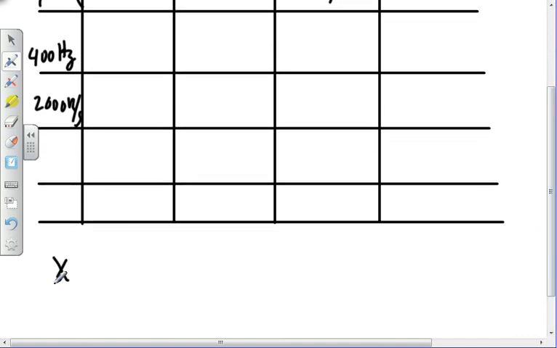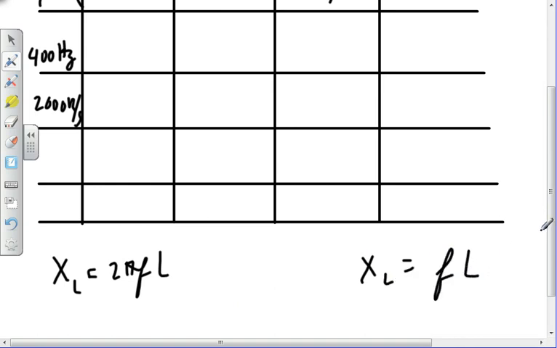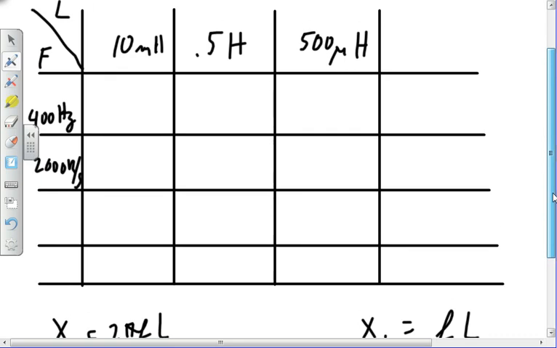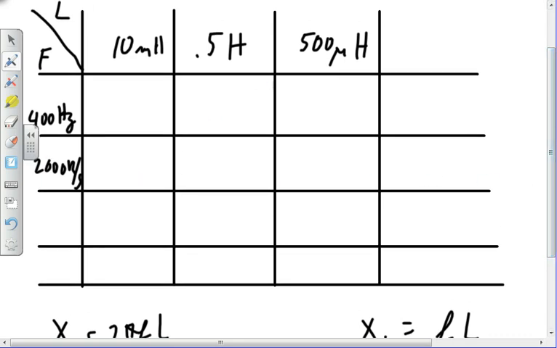Now, inductive reactance is 2 pi FL. And again, if I'm going to use radians per second, it would just be FL. So we'll do the FL guy first because it's easiest. And 10 milli, move the decimal point over 1, 2, 3 times 10.